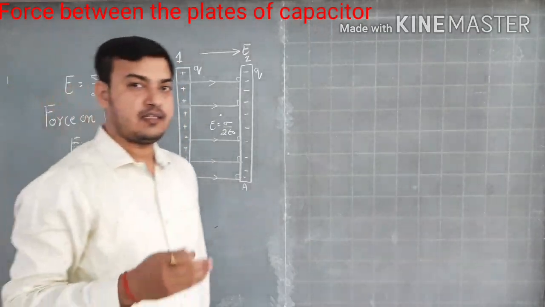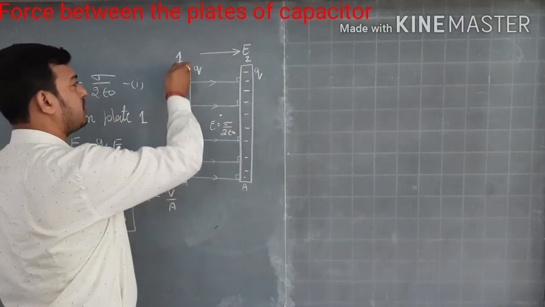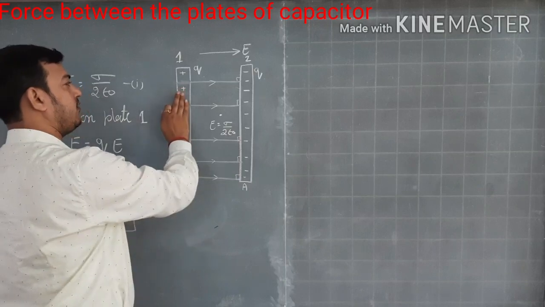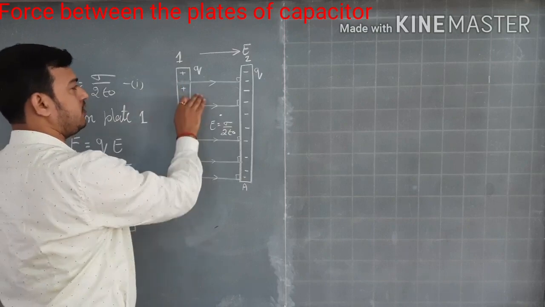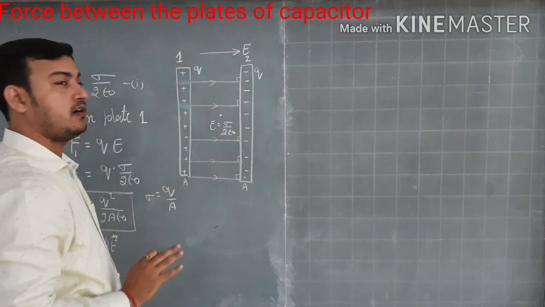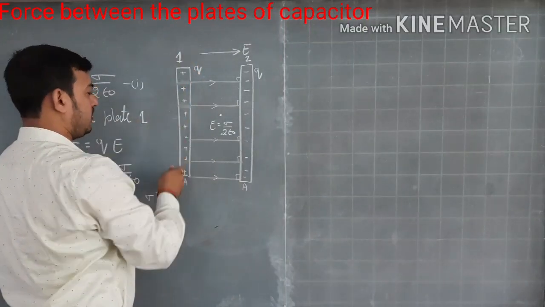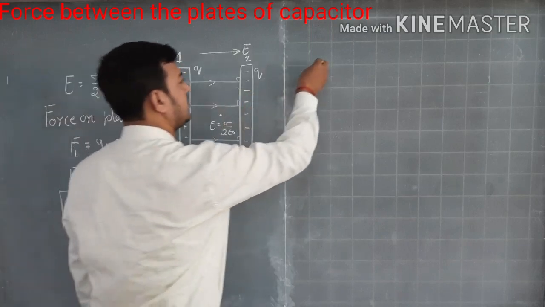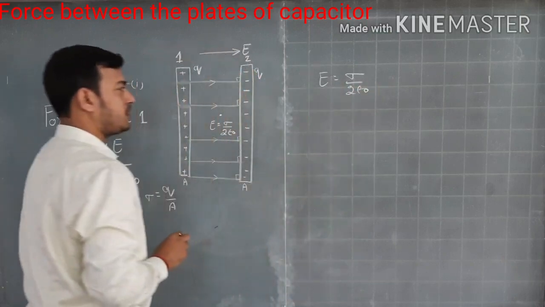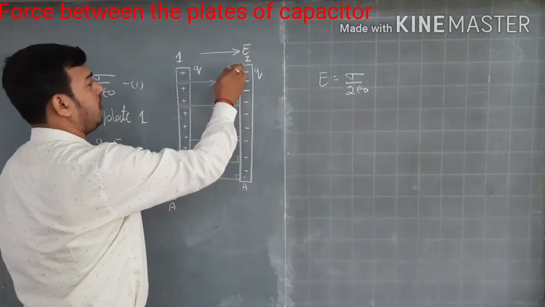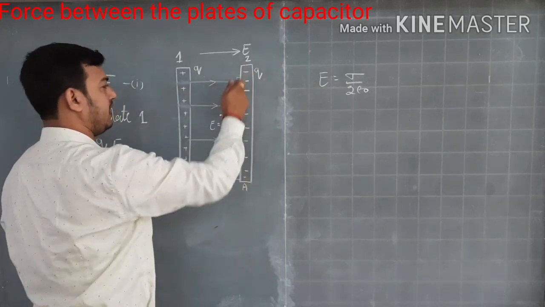Now let us do another activity. If I place a positively charged plate first, then it will also produce the same amount of electric field, and for a positive plate the field lines are away from the charge and normal to the plate. So the electric field of the first plate will also be sigma by 2 epsilon naught, and this field will exert a force on the negatively charged plate.